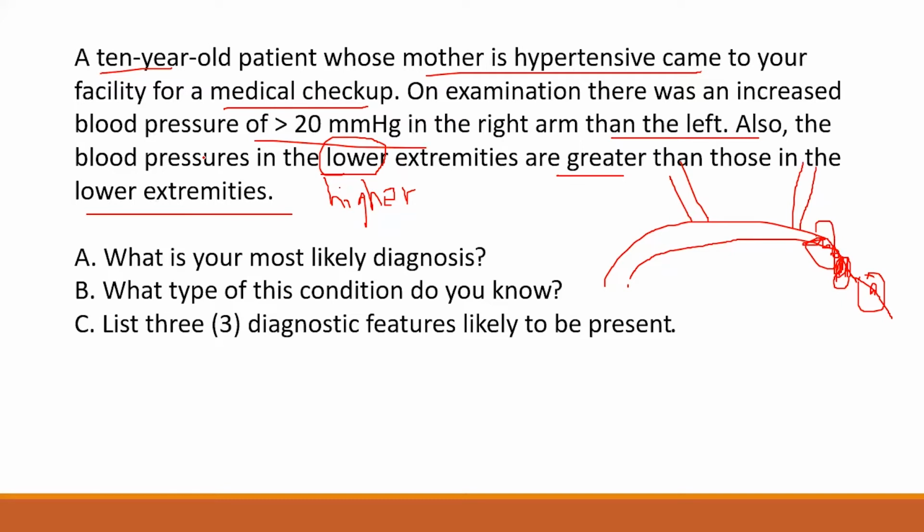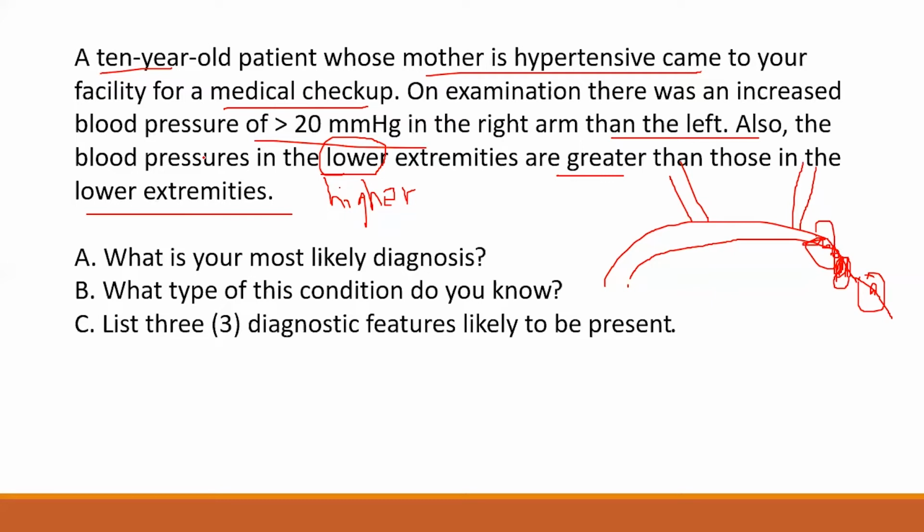There will be a heart murmur in the left infraclavicular area. Good. Then you will see a prominent suprasternal notch pulsation. You can think of aortic stenosis.